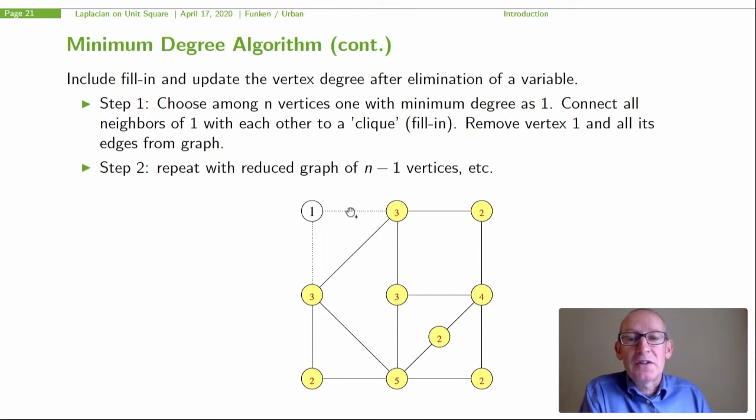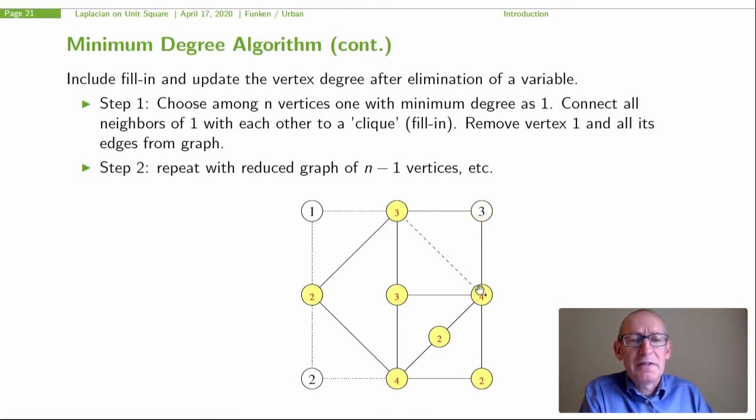Therefore, we take the dotted lines. So the next step, let's say we take this node. For this node, the neighboring elements are already connected, so nothing will change. So the next step, let's say we take this node over here, and we see this node and this node are not connected. So if we do the elimination, this would be the third pivot element, and we have some fill-in in this matrix.